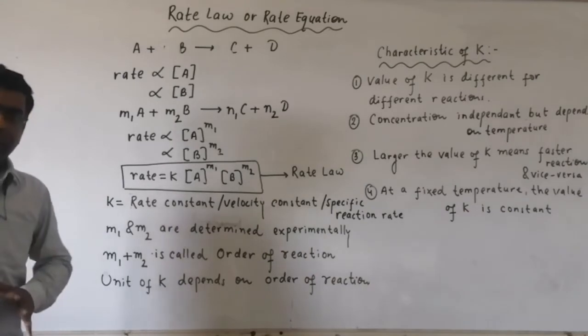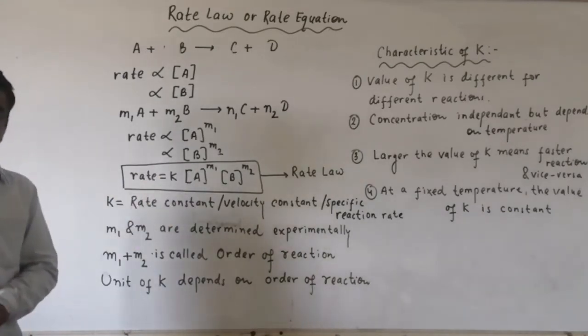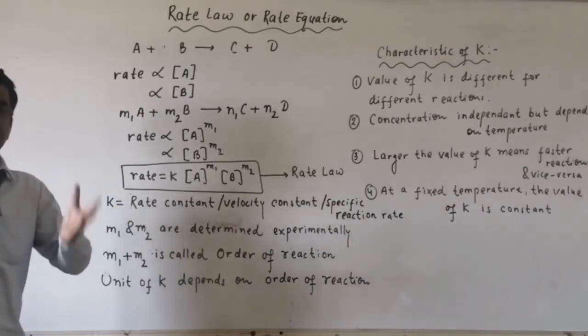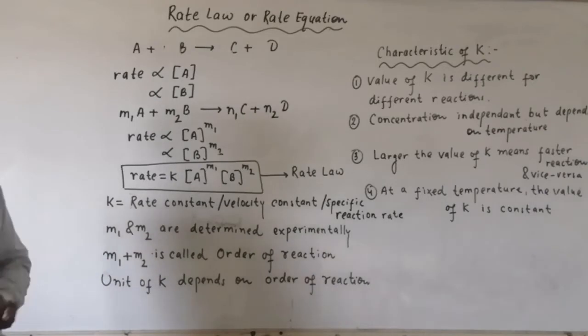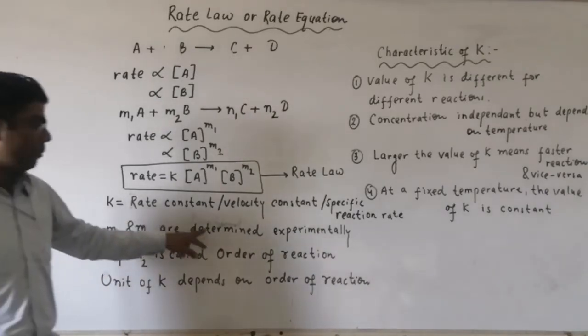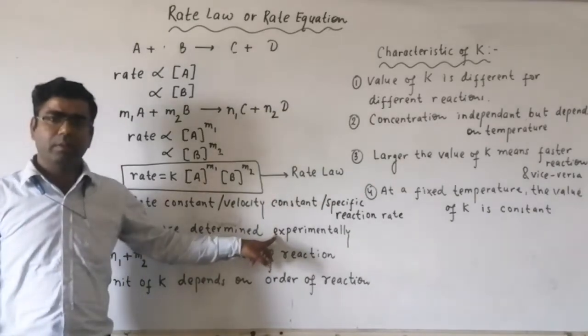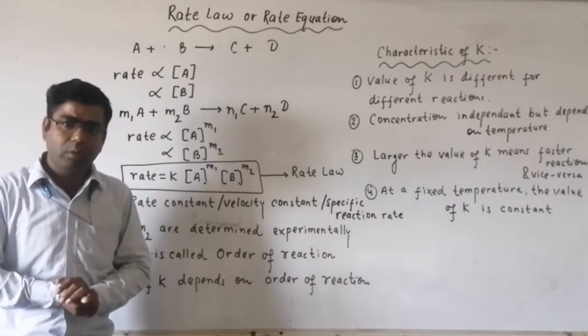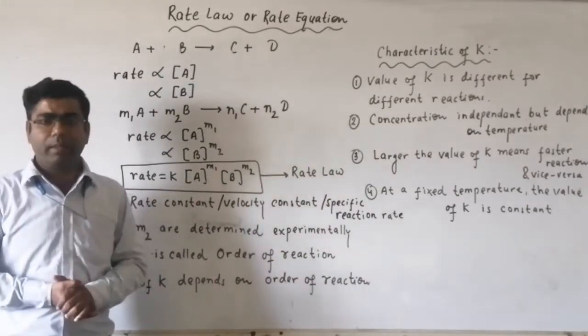Every time it is not balancing moles. We have to see the reaction, how changing the concentration is increasing the rate of reaction. So important point here is M1 and M2 are determined experimentally. Sometimes it is according to the balancing mole and sometimes it is not.